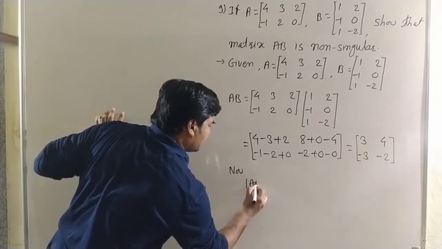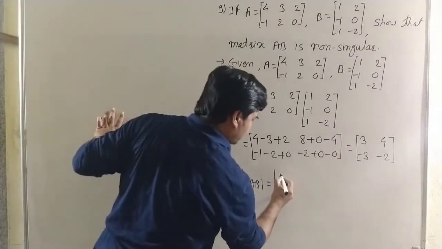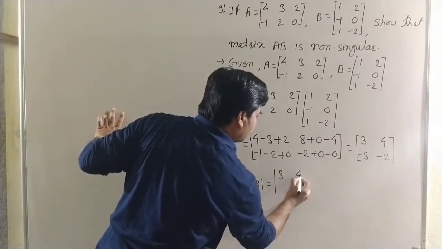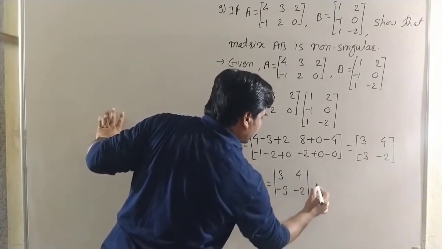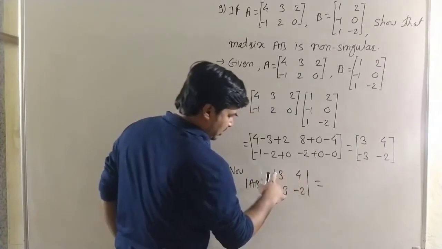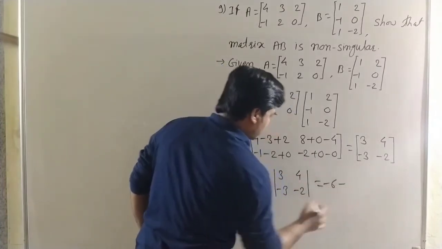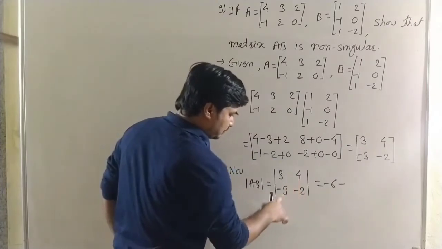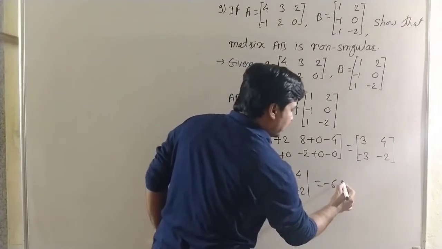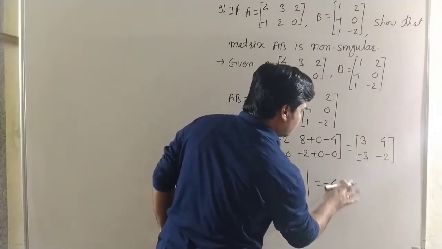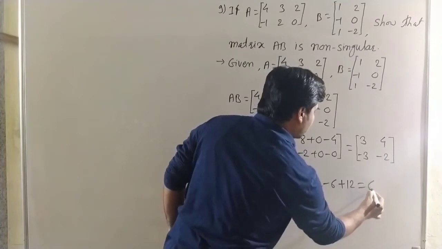Now determinant of AB is equal to the determinant of this matrix. Therefore it is [3, 4; minus 3, minus 2]. Then the determinant, it is the multiplication of these two, minus 6, and minus the multiplication of these two, minus 12. So we can write here plus 12. And then it is 6.